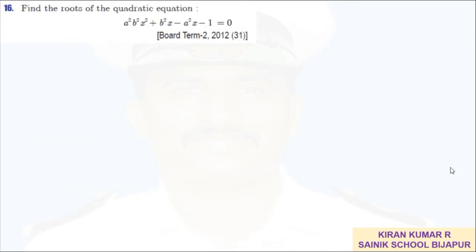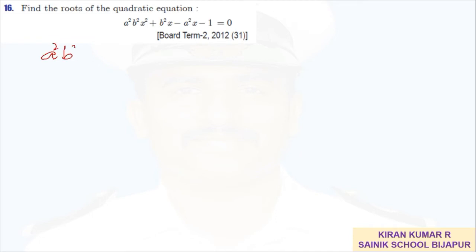Question 16. Find the roots of the quadratic equation a square b square x square plus b square x minus a square x minus 1 equal to 0. Here it is a simple question.